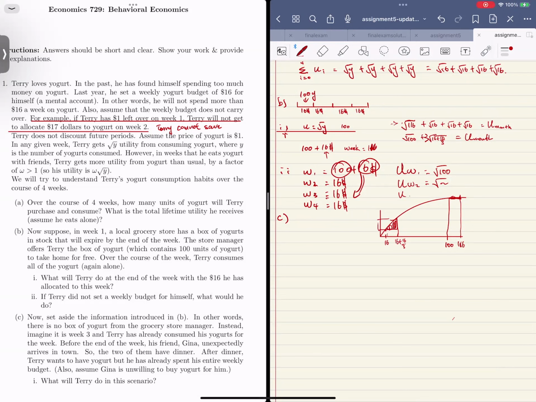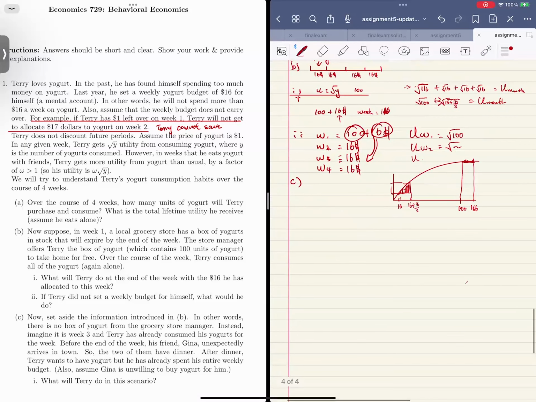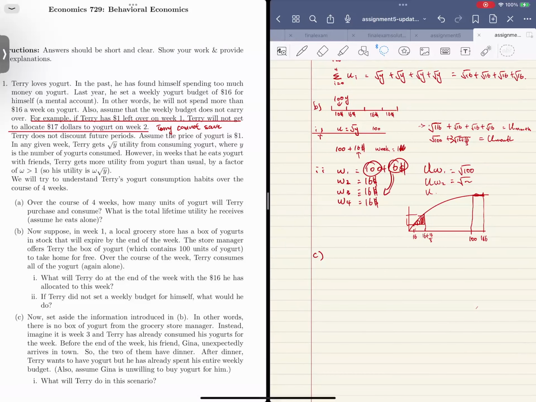Does it make sense? Yeah, makes sense. You don't have to mathematically calculate it. Like this question, you can, but you don't have to. It's mostly short response, asking for intuition. But you might have one on the exam. So just know how to do those.